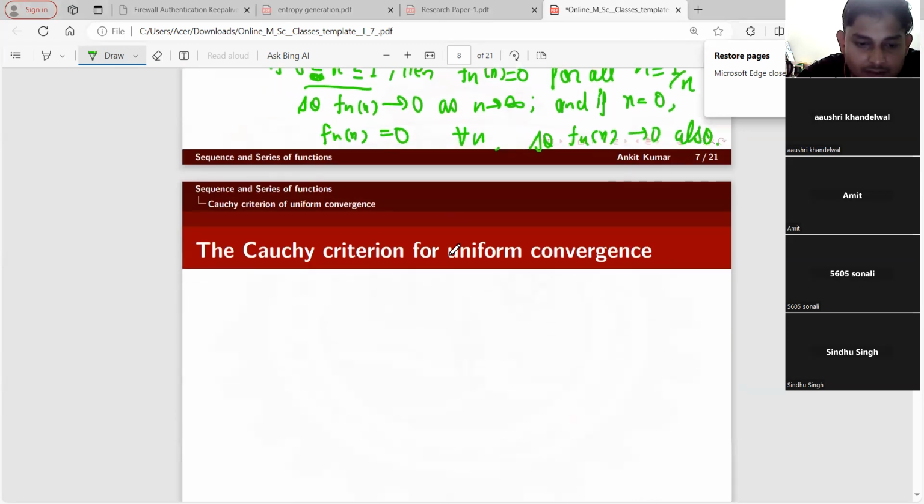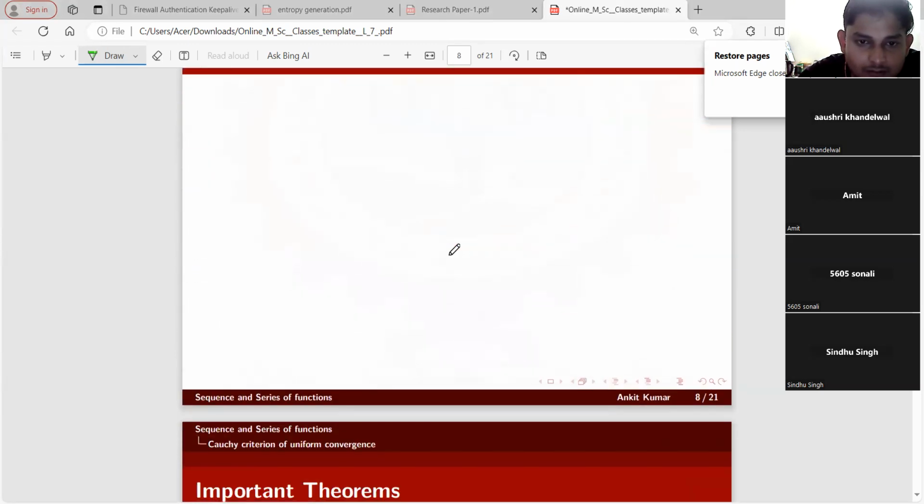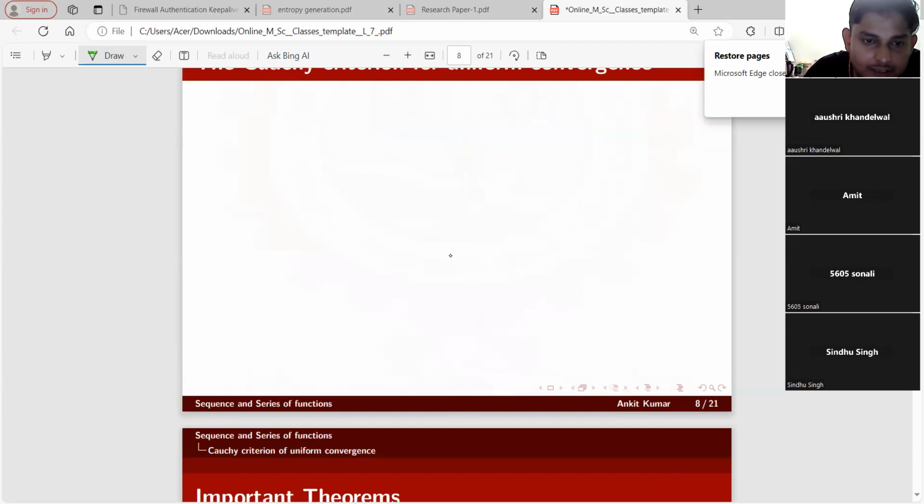It follows that fn tends to 0 pointwise on closed interval [0,1].